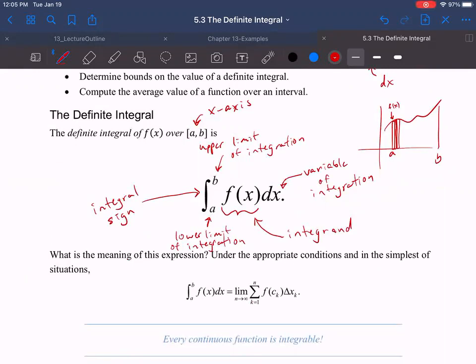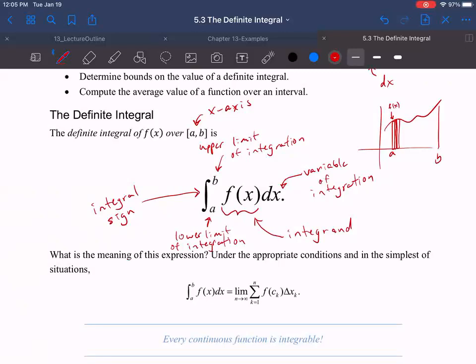So dx itself has a dimension, and so does f of x, and so you get an abstract area. If you're doing something like force on the vertical axis and displacement on the horizontal axis, then you're not getting an area, you're getting the work done.